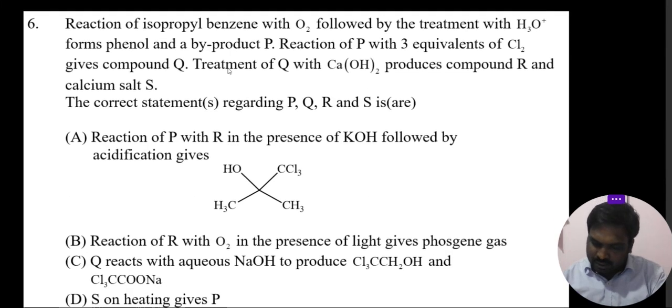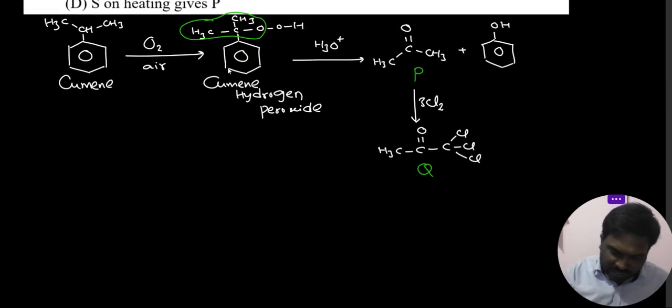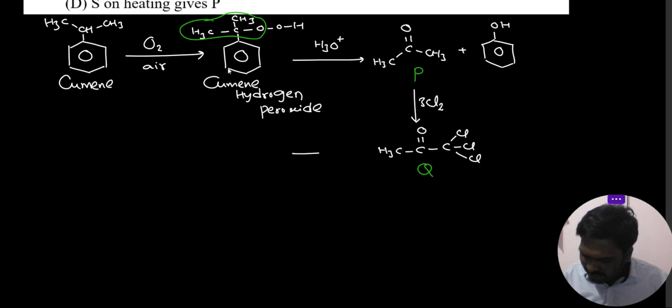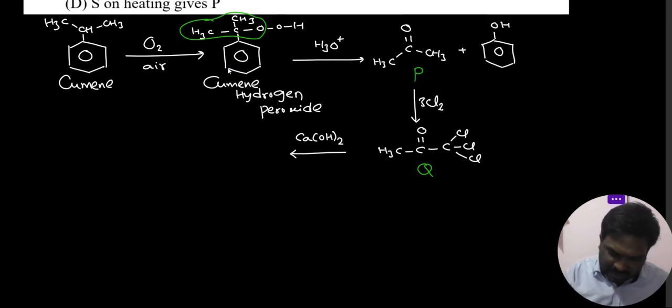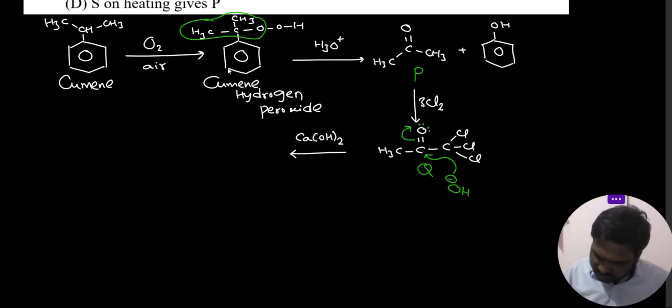Now, this Q reacts with calcium hydroxide to produce compound R and calcium salt S. How does it break in the presence of calcium hydroxide? Usually, the hydroxide ion is involved in a nucleophilic addition mechanism. Calcium hydroxide is a base, and it provides hydroxide ion.